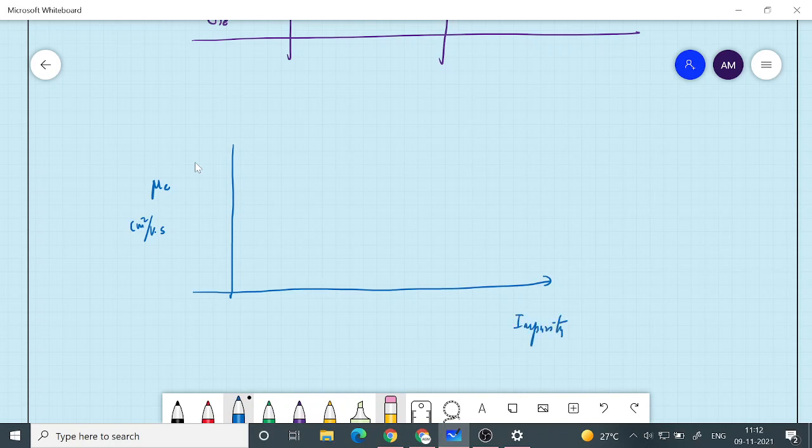Now if you have doping from donor impurity atoms and acceptor impurity atoms, you have to add both of them for impurity concentration, because scattering happens from both types of impurity. So this is basically Na plus Nd, not just one of them. If both are there, you have to add them.